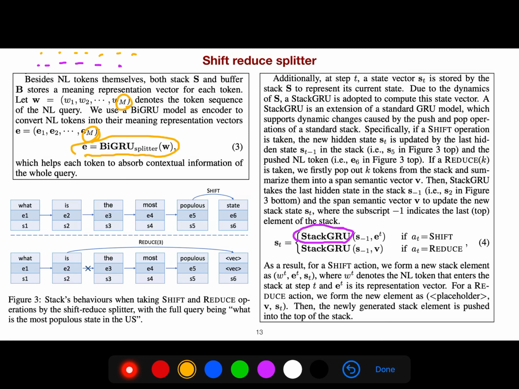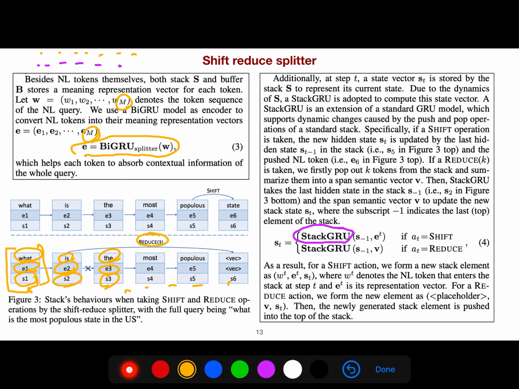And so how do you represent your stack? We represent it by the word concatenated with the semantic tag, and then the last stack element. For the next time step, you have a different word, and so on until the end. Here, for example, it uses reduce 3.